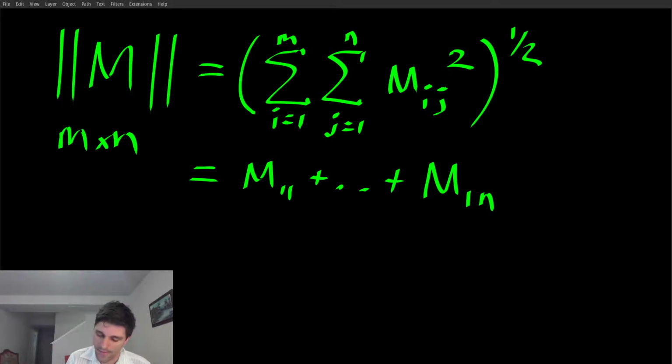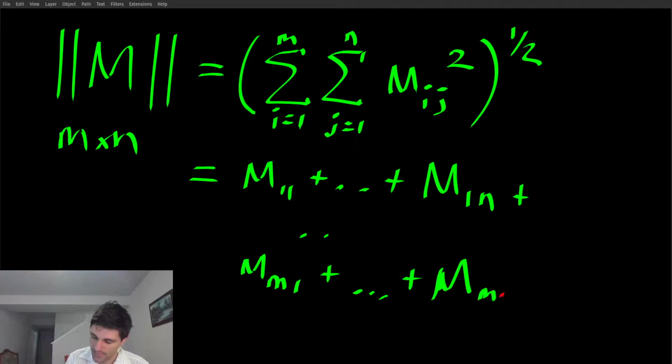See, I even have to think about it. Plus ... m_m1 plus dot dot dot plus m_mn. I maybe should pick different letters, not use m for both, but there it is. So this sort of 2D sum is a little harder to express just using the dots, but the idea is the same.